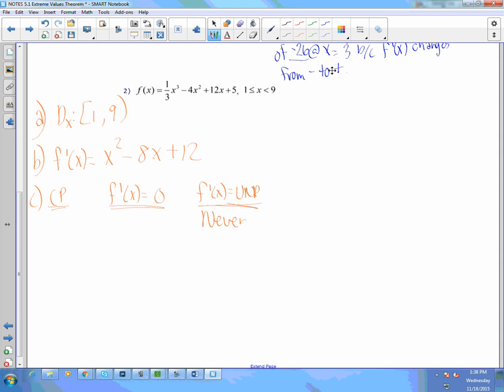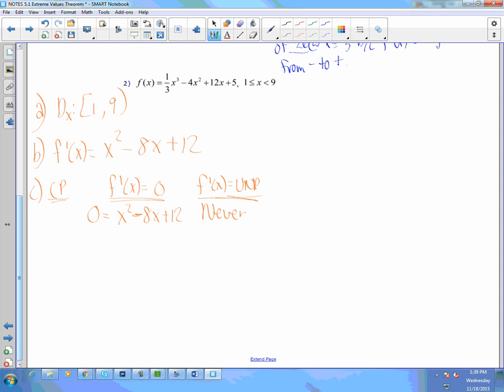Now, how do you determine when the quadratic is equal to 0? Set it equal to 0. It's not simplify. You have to solve. Simplify is what we do on expressions. This is an equation. You have to solve. How do you solve this equation? Factor.